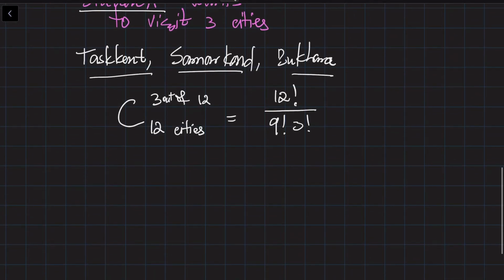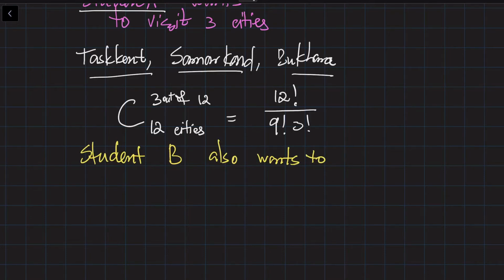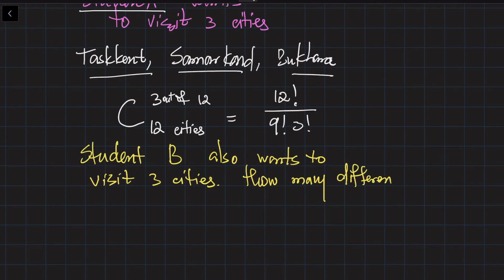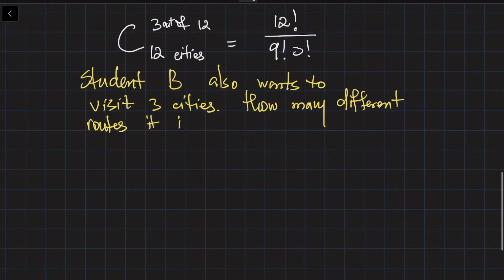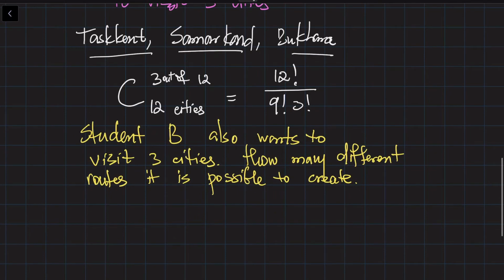Now let's say student B also wants to visit 3 cities. I would like to know how many different routes it is possible to create. Routes means it is really important to know, in addition to the list of cities, how student B would like to go to these 3 cities.